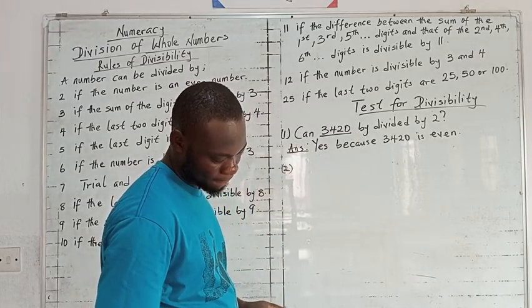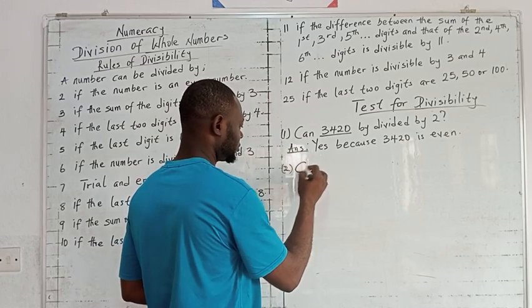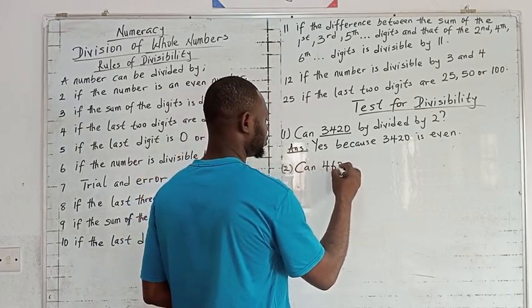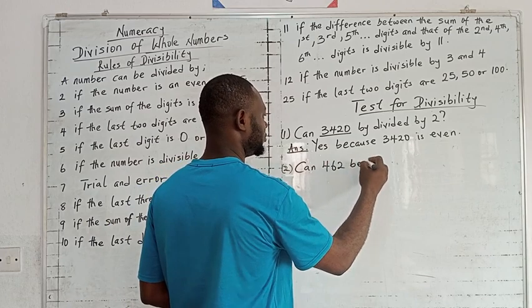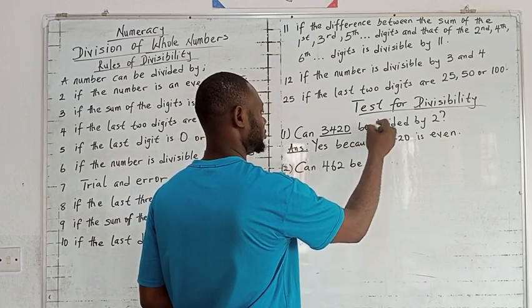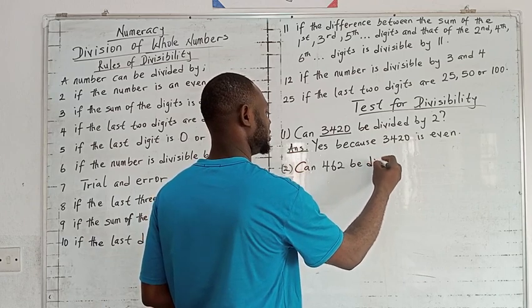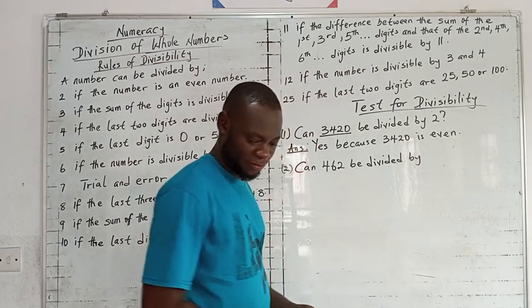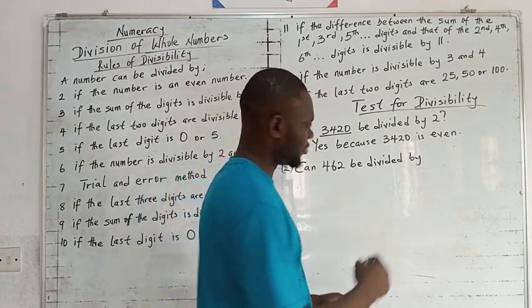We say, can 462, sorry, this is B, be divided by 3?